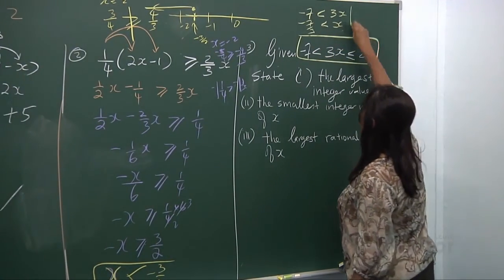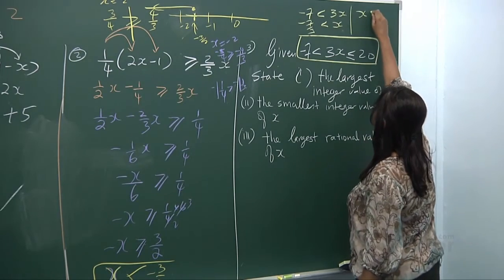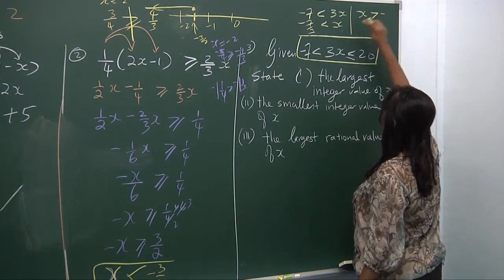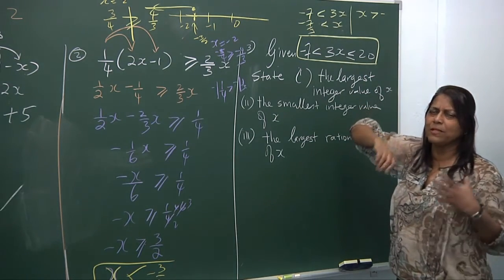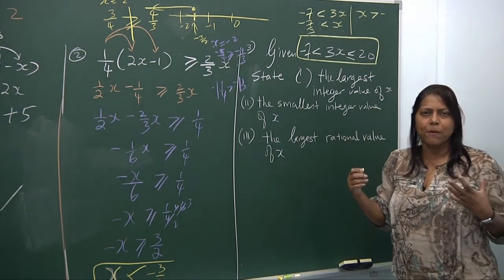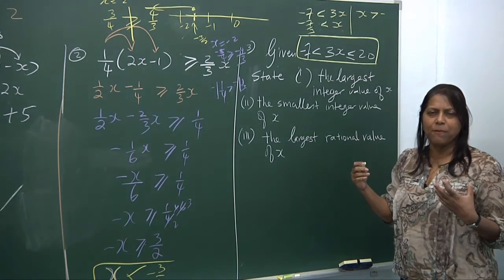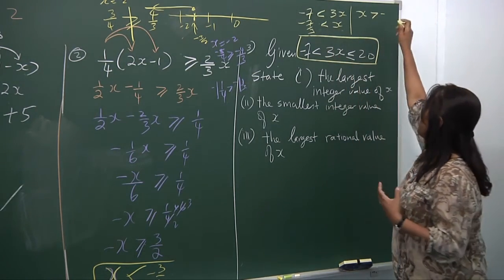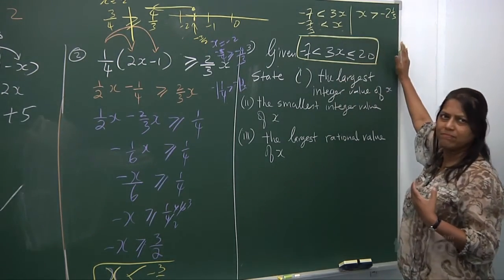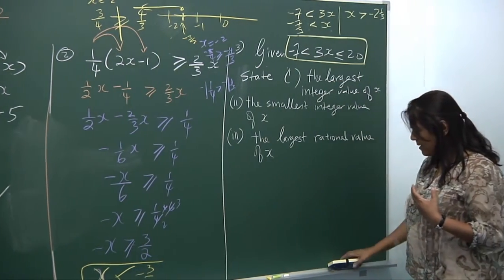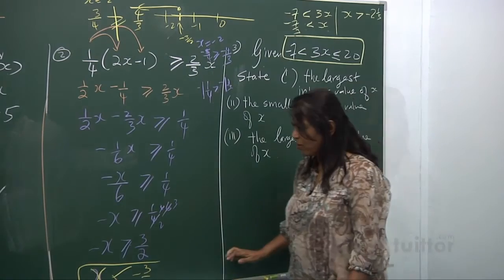It means that x is greater than minus 7/3. And minus 7/3, if you put it into a proper mixed number, will be minus 2 wholes and 1/3. x is bigger than that. And then the next condition tells me, let me look for red chalk.